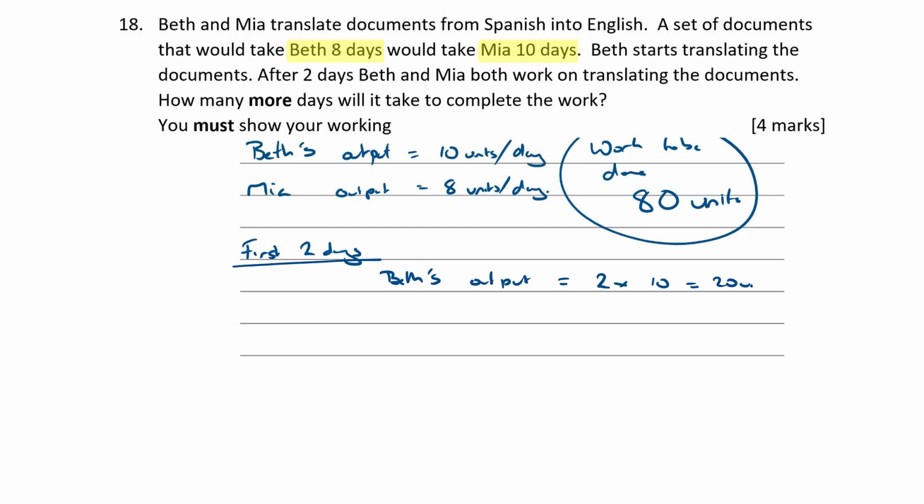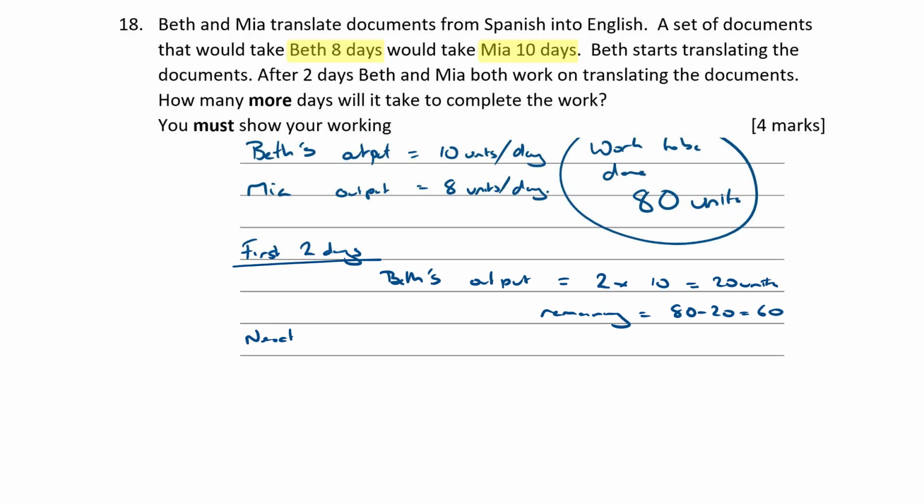So she's going to put out 20 units, isn't she? So what's remaining is going to be 80 units less those 20 units, which means there's 60 units left to be done on the remaining days.